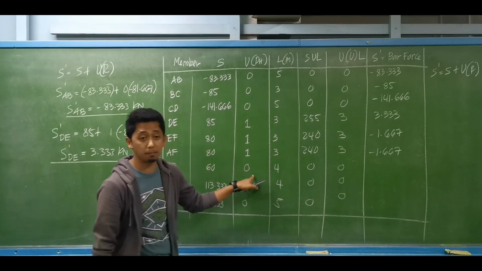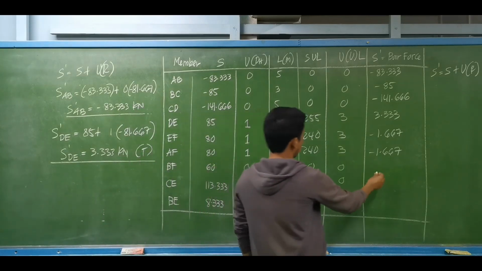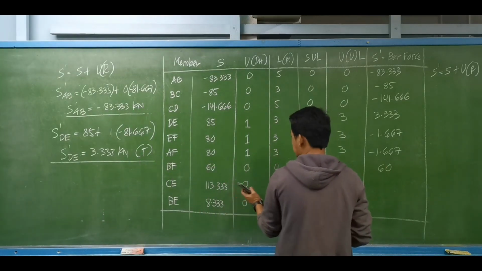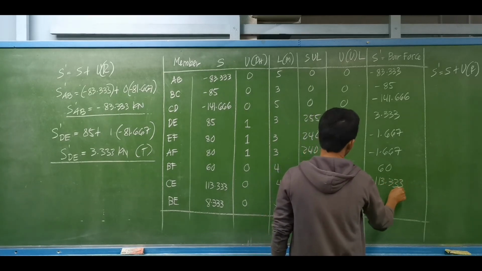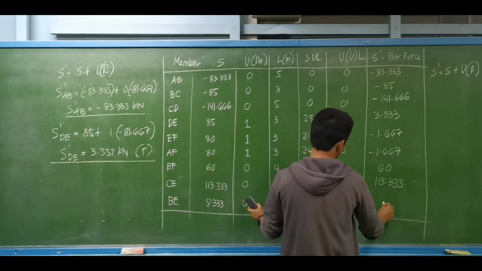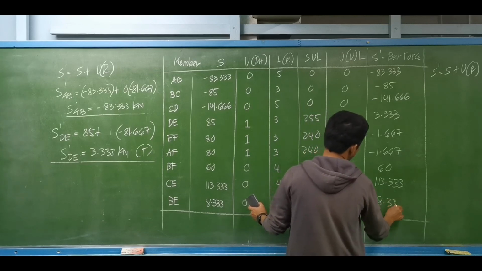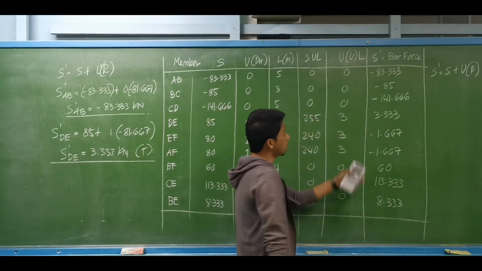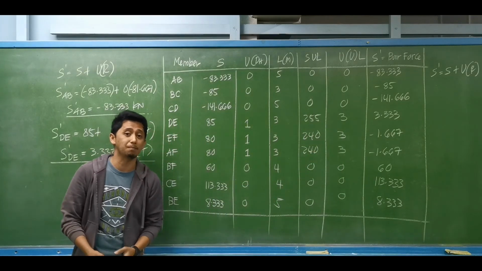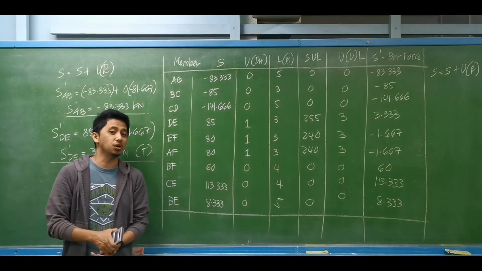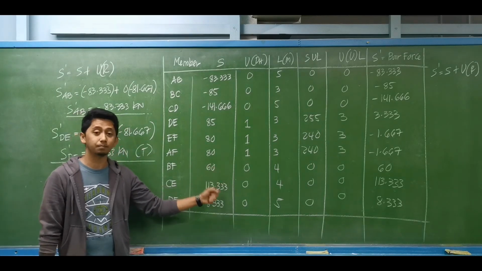If this is 0 for member BF, that is the same as 60. If this is 0, it is the same as 113.333. And for BE, this is 0, the same as 8.333. So these are the actual bar forces. This is our first example for the analysis of an indeterminate truss using virtual work.